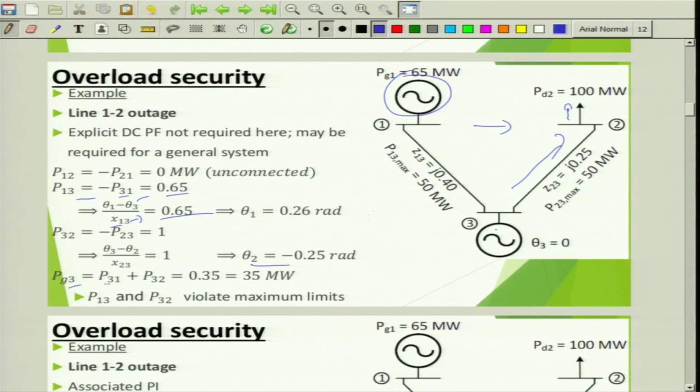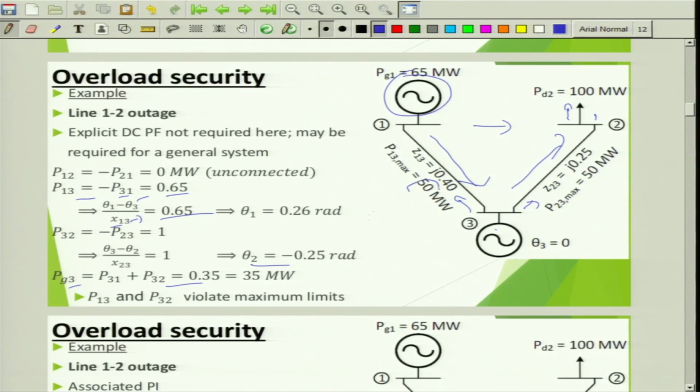Now Pg3 is nothing but P31 plus P32, that you will get as 0.35 because P31 is minus 0.65. So basically 0.65 is coming here and you need 1 per unit here. So the remaining 0.35 is supplied from the slack bus to meet the load. But what is happening in this process?